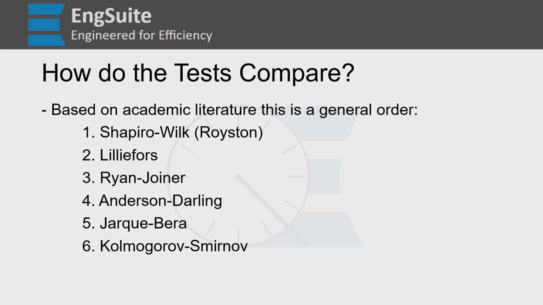The Lilliefors, again, is that corrected KS. Ryan-Joiner is an approximation of Shapiro-Wilk. You'll notice that the Shapiro-Wilk-Royston and the Ryan-Joiner are both very powerful. And here you get to see that cool relationship between the Lilliefors test and the KS test, where the KS test is the least powerful by far in almost all of the literature.